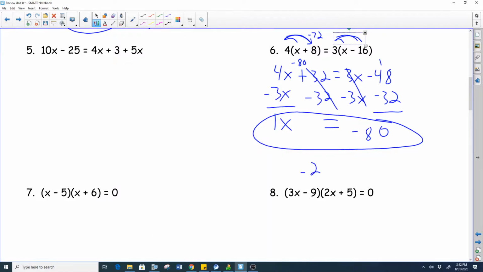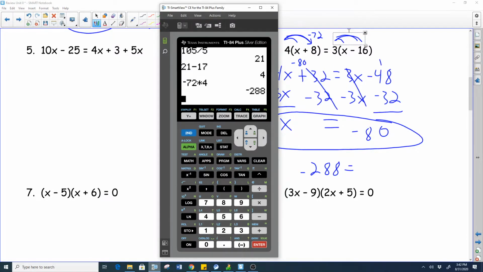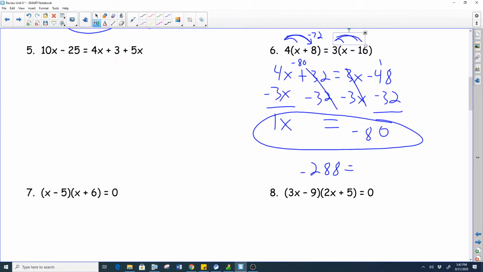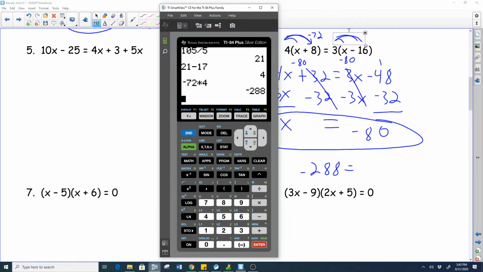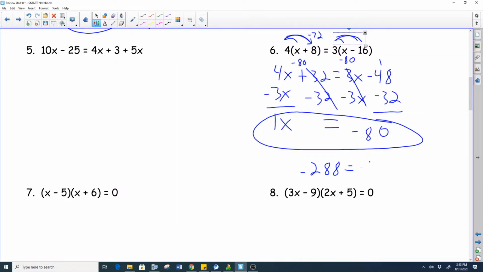So we'll get negative 288 on this side. And then if we also do negative 80 right here, negative 80 minus 16 will be negative 96. So negative 96 times 3 is also negative 288. That means that they equal each other and it works. So negative 80 is definitely our answer.